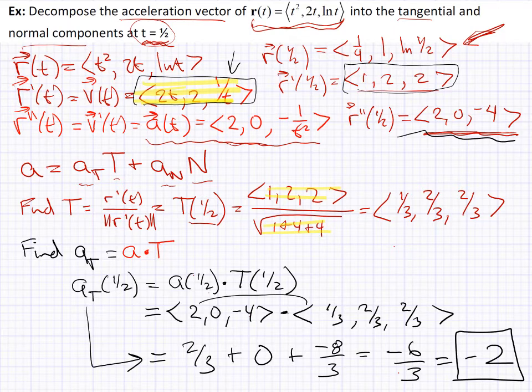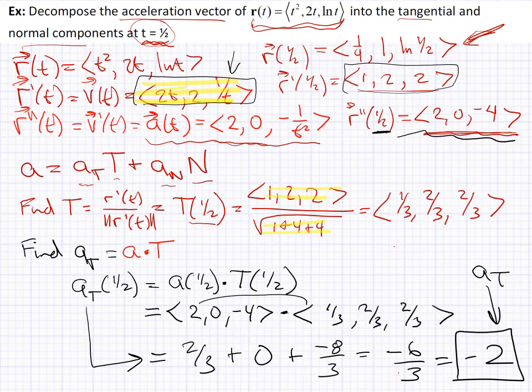Now remember, what does a sub t represent? A sub t represents the change in the speed. So if this is your change in speed at this particular location of t value of a half, what does that tell you?